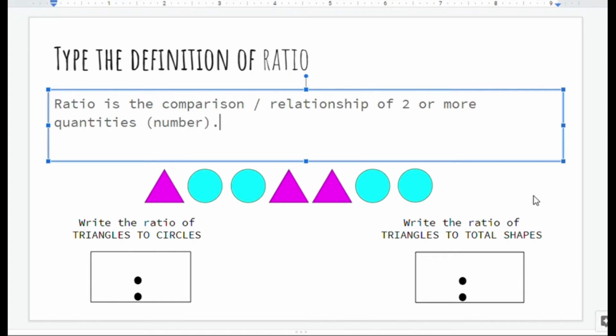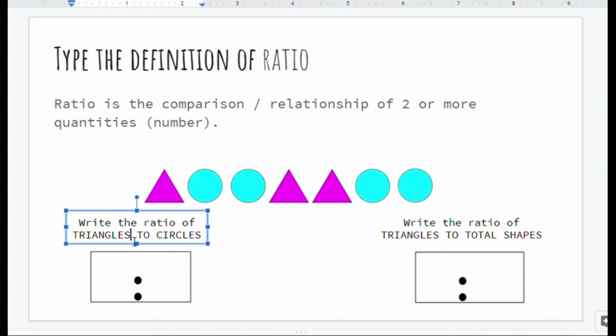So using that definition, we're going to find the ratio of this picture, the ratio of triangles to circles. When you're finding a ratio, you need to look at what they're asking for first, find that number. So they're asking for triangles first. How many triangles do we have in this picture? 1, 2, 3.